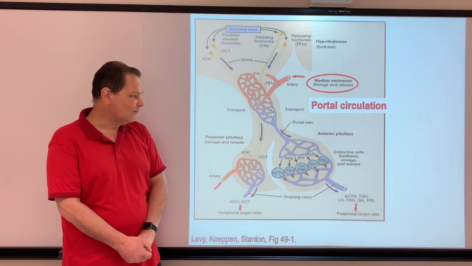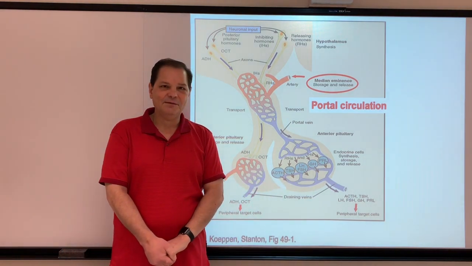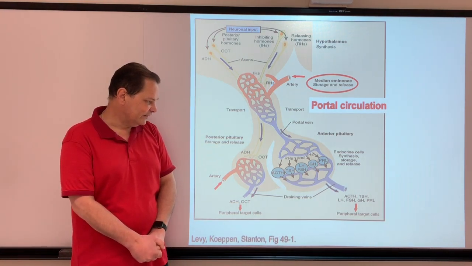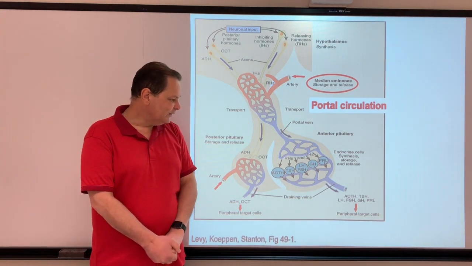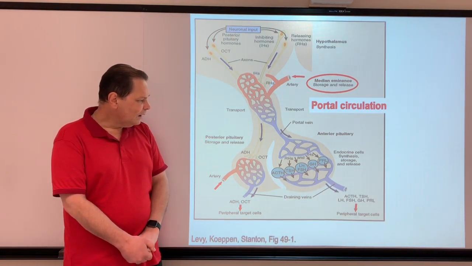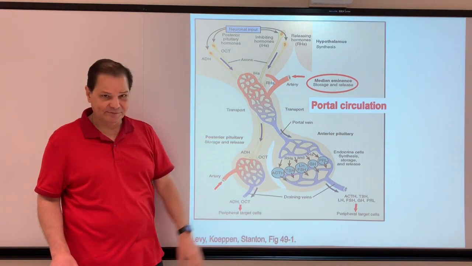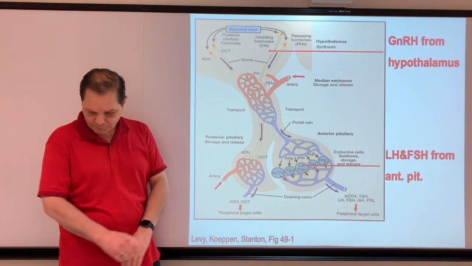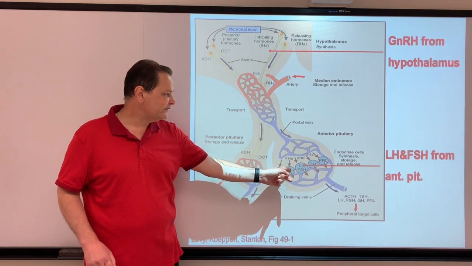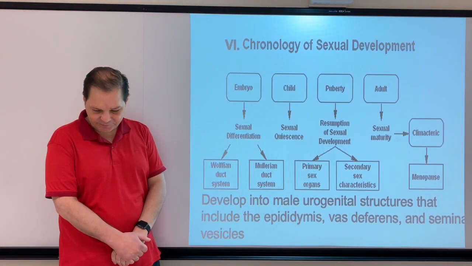We'll talk more about that in the pregnancy lesson. ACTH you may already be familiar with. This has to do with stimulation of secretion from the adrenals. And you'll talk about that in more detail in the life cycle as well. Okay, so this is the anatomy of the system. Again, GnRH into the bed, causes secretion of LH and FSH from the anterior pituitary.